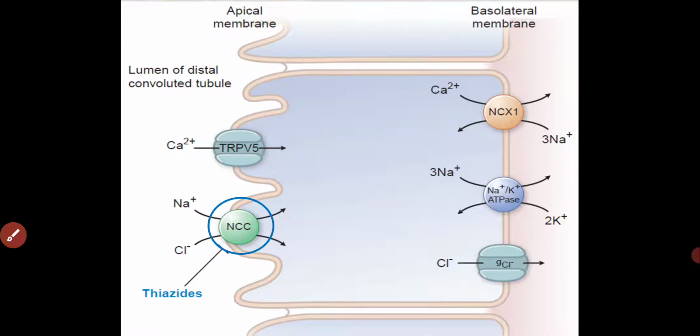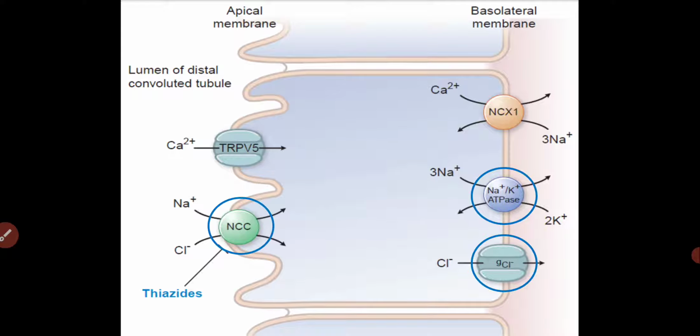Okay, so let's see the first one. There is a sodium chloride co-transport at the apical membrane. It takes the sodium and chloride from the lumen side inside the cell, and this sodium goes out by the Na plus K plus ATPase pump.